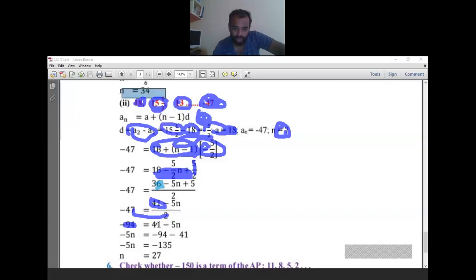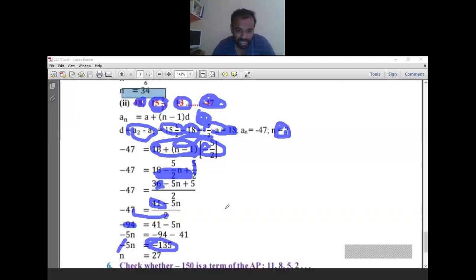Now let's send this 41 to this side. Minus 94 is there already. If you send this plus 41 to the left hand side, it will become minus 41. Both numbers have minus sign, therefore you have to add these two numbers. After adding, it becomes minus 135. Both sides have minus, so multiply by minus, and it becomes plus. 5n equals plus 135.